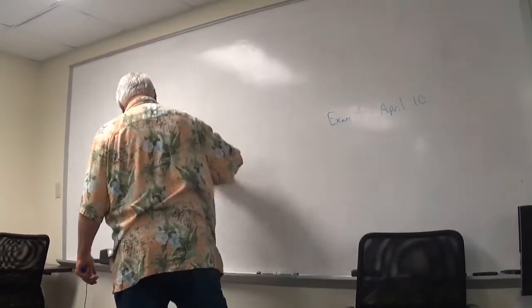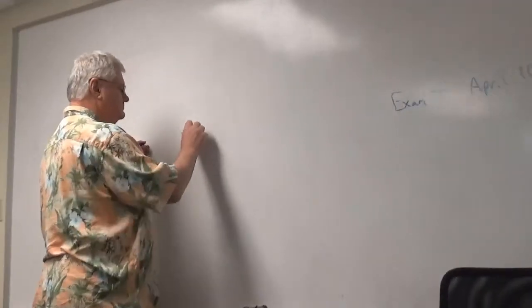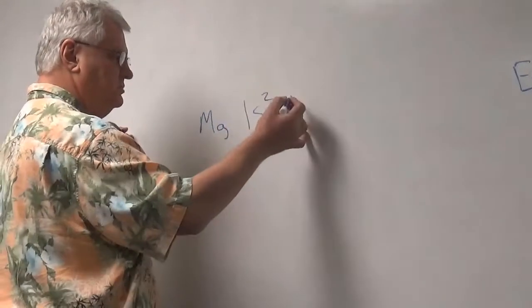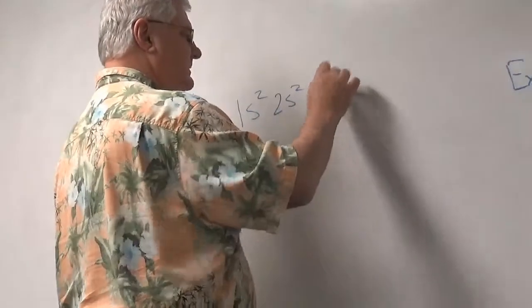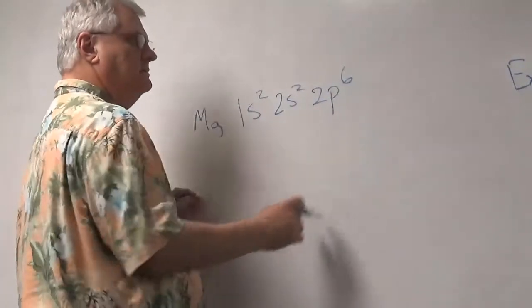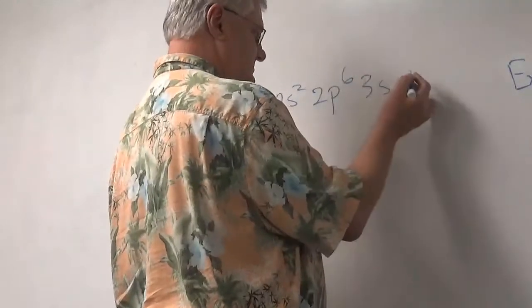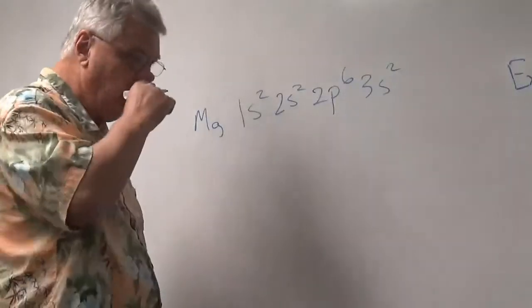Let's pretend we have a magnesium atom. Well, its electron configuration is 1s2, 2s2, 2p6. So far that's 10 electrons, and then 3s2. That's its full electron configuration.